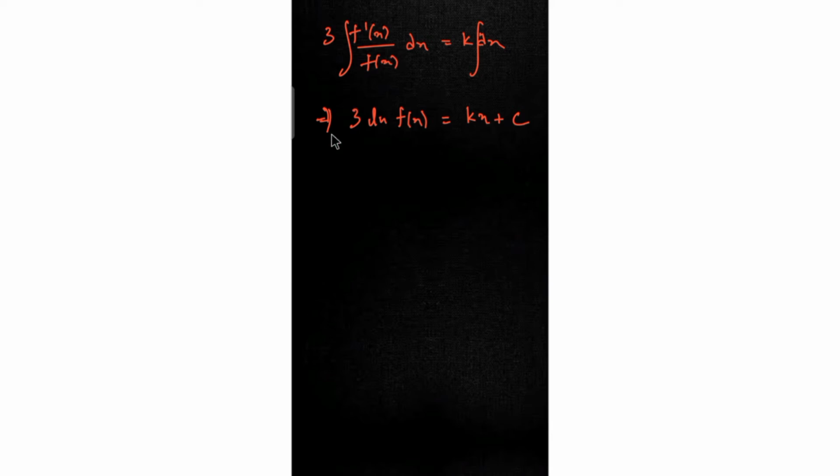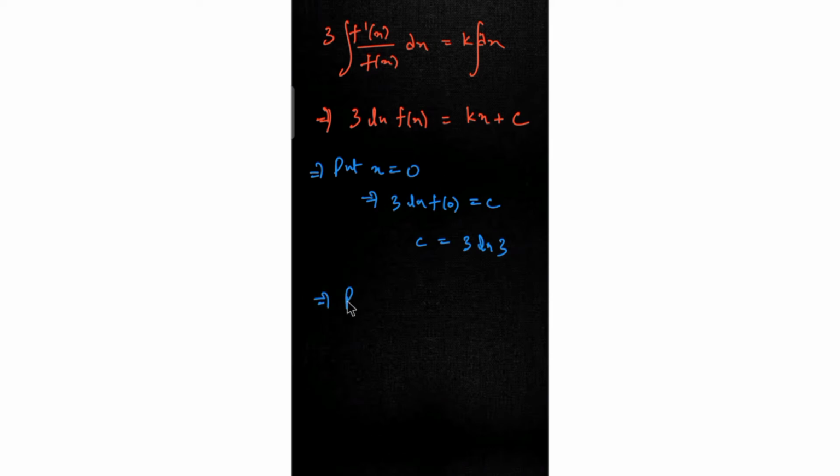So for that, put x is equal to 0, and you get 3 ln f of 0 is equal to c. Because f of 0 is equal to 3, we get c to be 3 ln 3. And now this is when x is equal to 0.